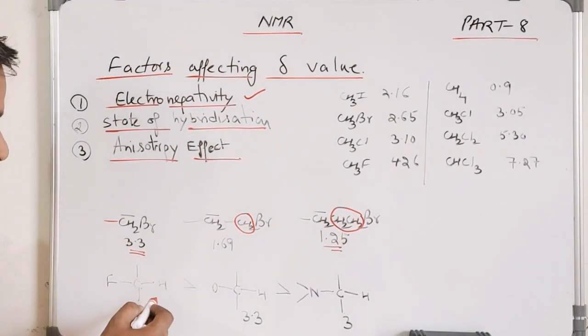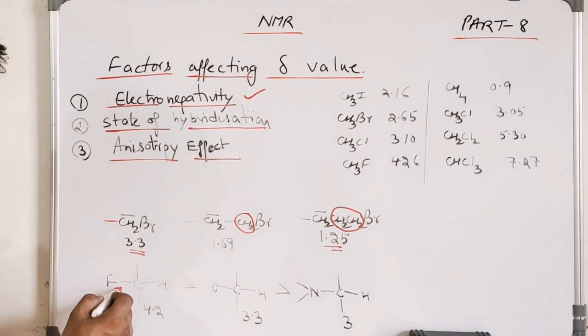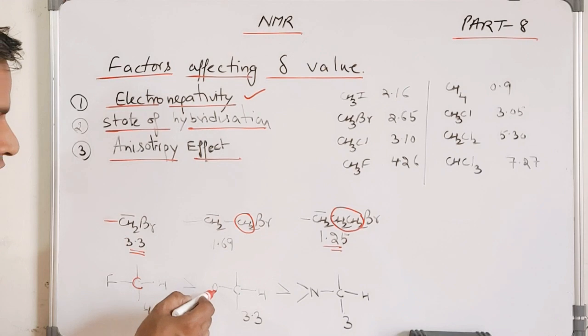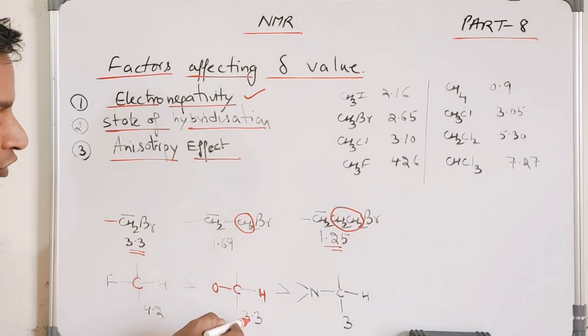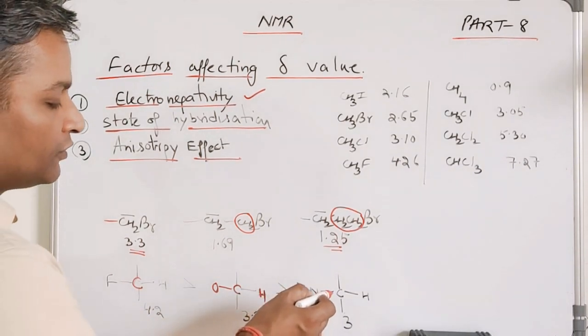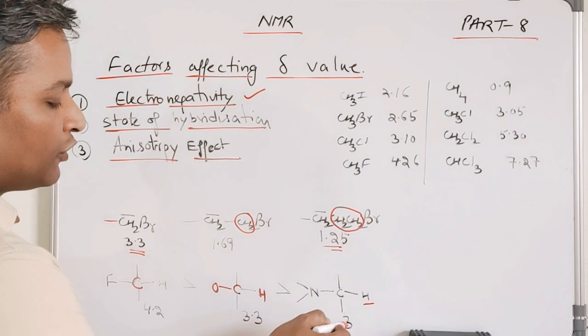Now consider this example. As you can see here, it is a fluoro derivative attached to the carbon through which the proton is attached. Value is 4.2. Here an oxygen is attached to the carbon through which hydrogen is attached. Value is 3.3. Here nitrogen is attached to the carbon through which the proton is attached. Value is 3.